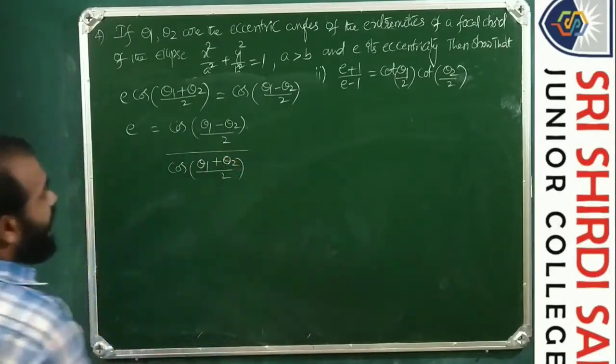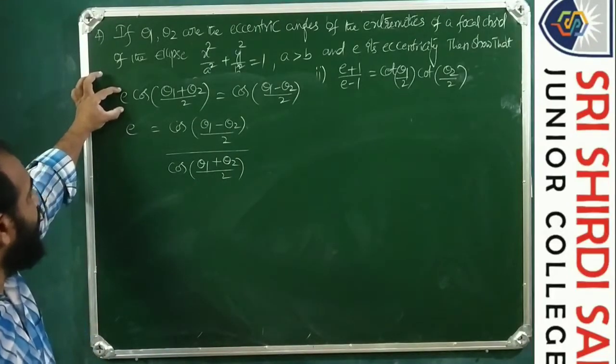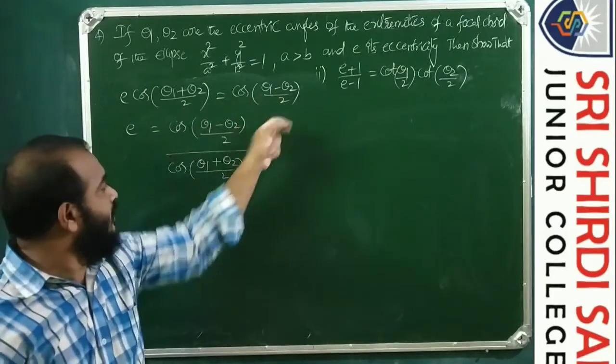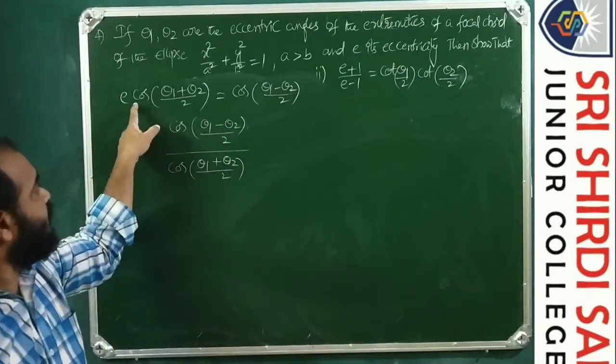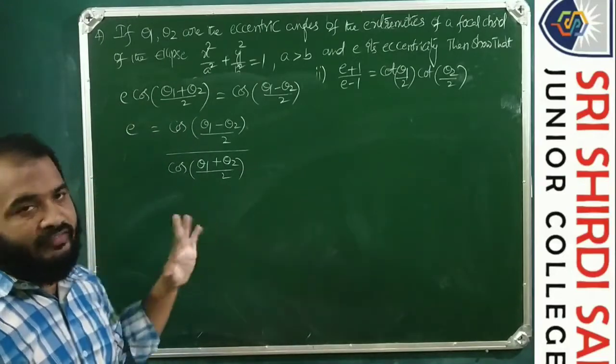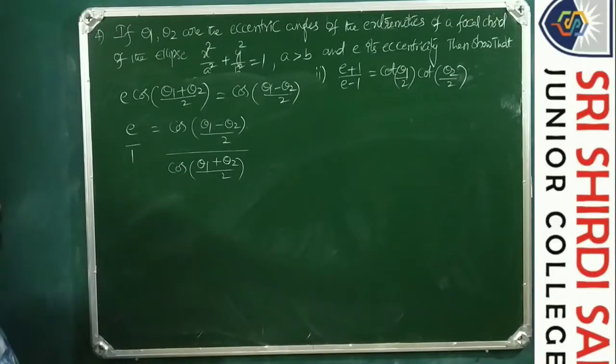I did not do anything, I just kept E on the LHS itself. This is multiplying with E, and if you transpose it, it would be dividing. So when nothing is there, one can be assumed.